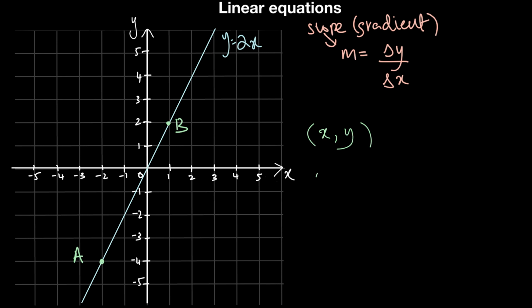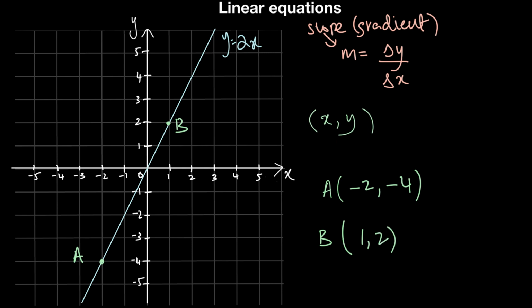So the point A has the x coordinate -2, whereas the y coordinate for A is -4. So the coordinates of A are -2, -4, whereas the coordinates of B are 1, 2.